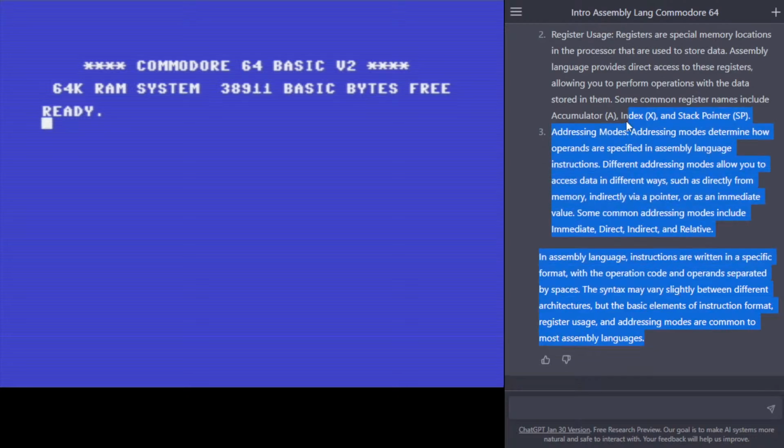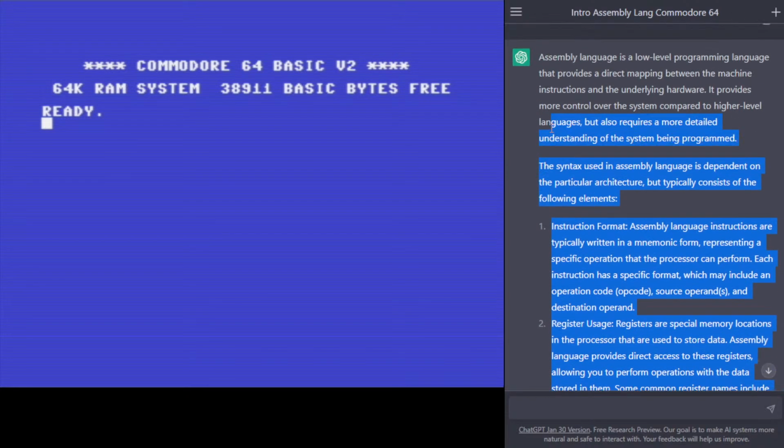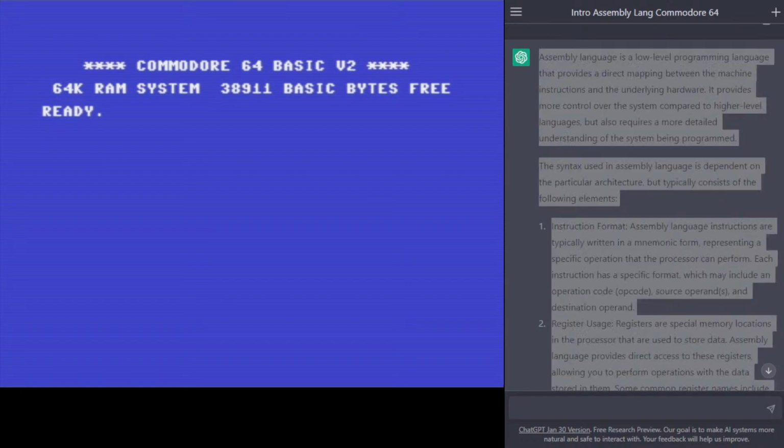So let's go ahead and load this up into the TTS. It's a lot of information. Quite the information dump we got here. Of course, it's going to take a bit.